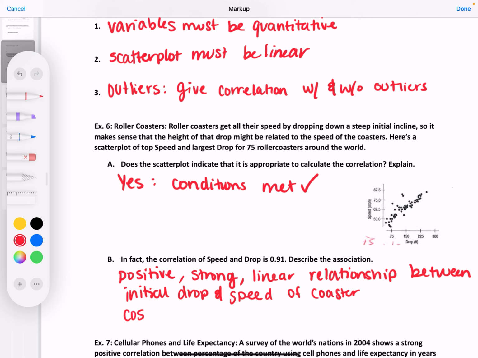Coasters with a larger initial drop tend to have faster speed.